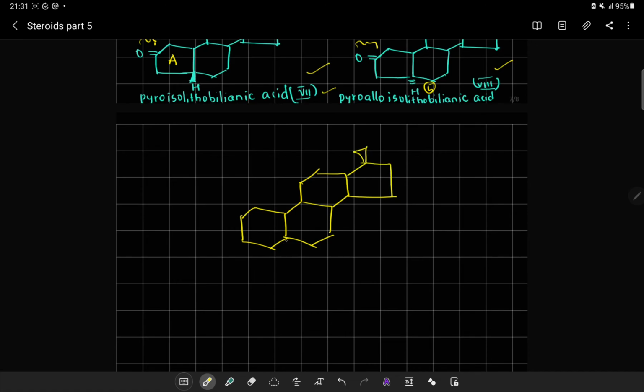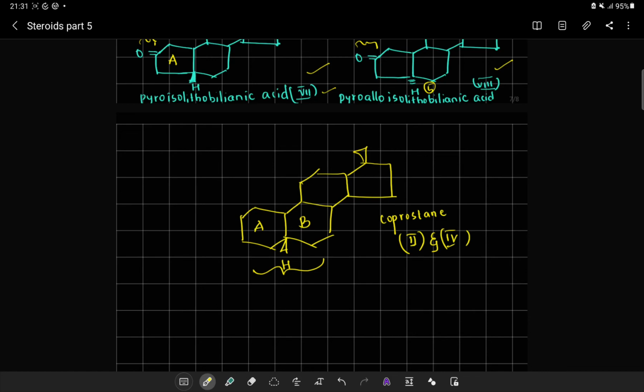This is called coprostane, or 5-beta cholestane system. In this system, ring A and B, this coprostane system also gave those two acids, compound number 2 and 4 respectively. One is lithobilyanic acid and the fourth compound is isolithobilyanic acid. This means that the compound also possesses cis-AB fusion.